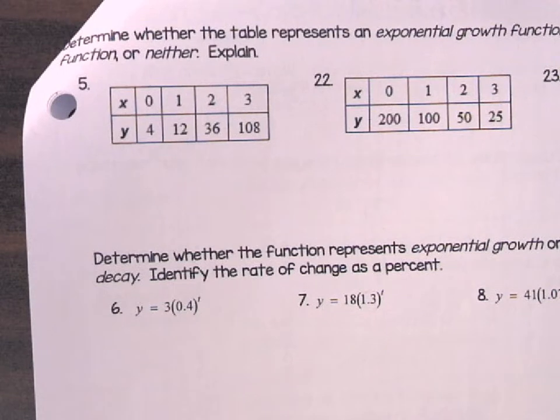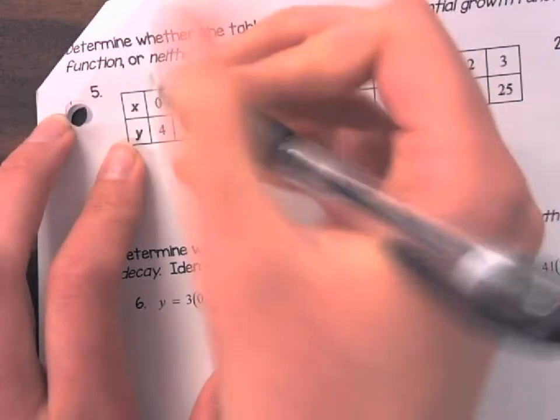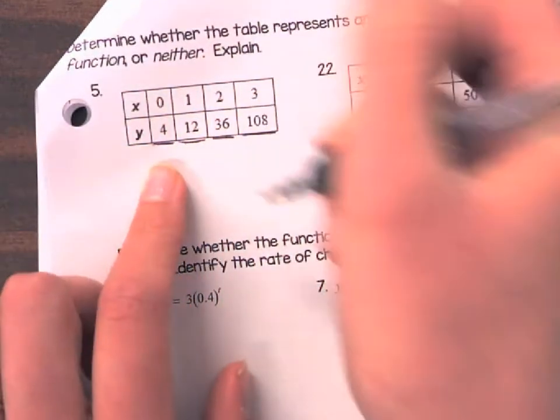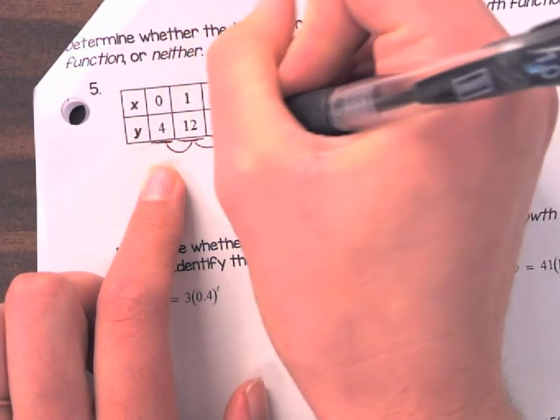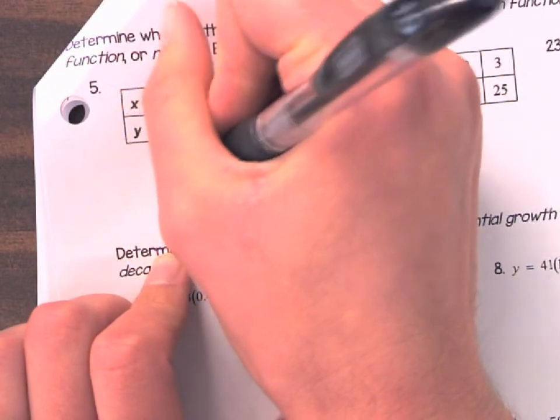So exponential growth will be going up by a multiplying pattern, decay would be going down by a dividing pattern, and if it's arithmetic, it's not going to be either of these. So looking at these first ones, we're checking out the y values here. We can see that this is multiplying, getting bigger, and it looks like it's multiplying by 3 each time, so this would be exponential growth.